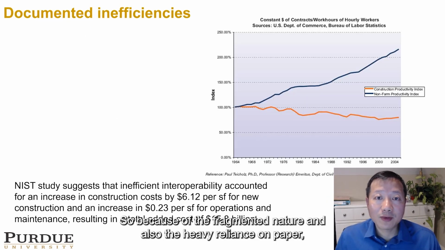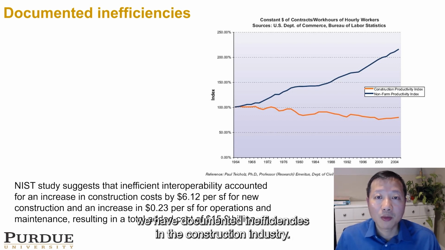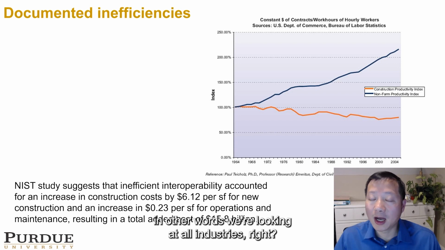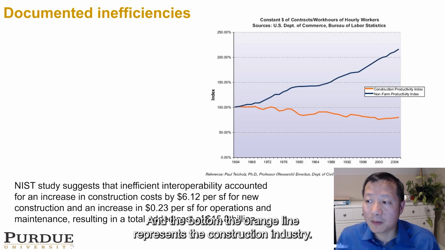Because of the fragmented nature and also the heavy reliance on paper, we have documented inefficiencies in the construction industry. The figure on top shows the productivity of non-farm industries. In other words, we're looking at all industries, right? And the bottom, the orange line, represents the construction industry.